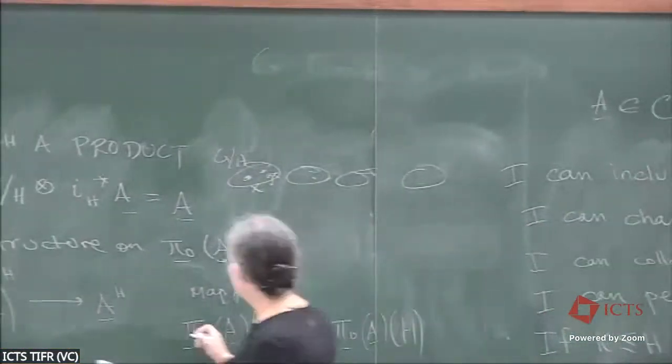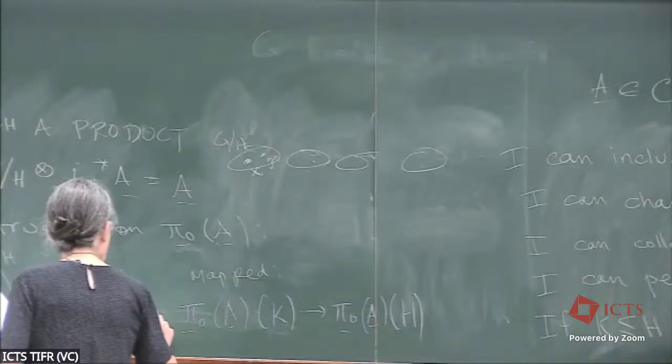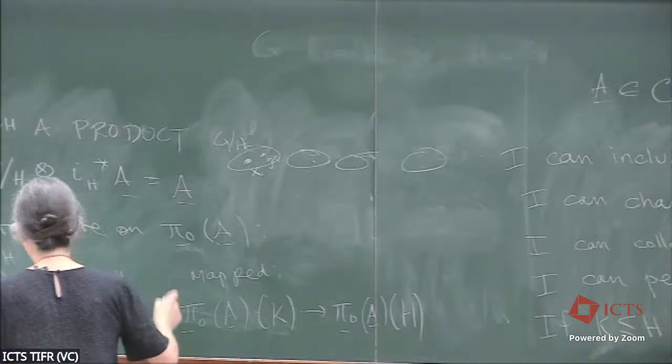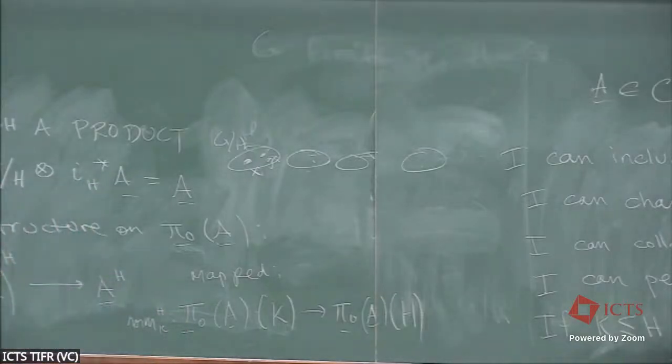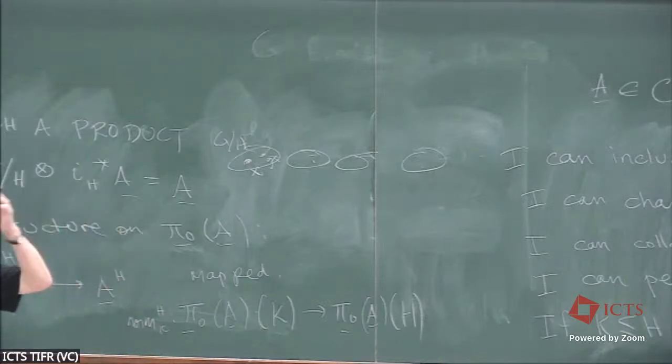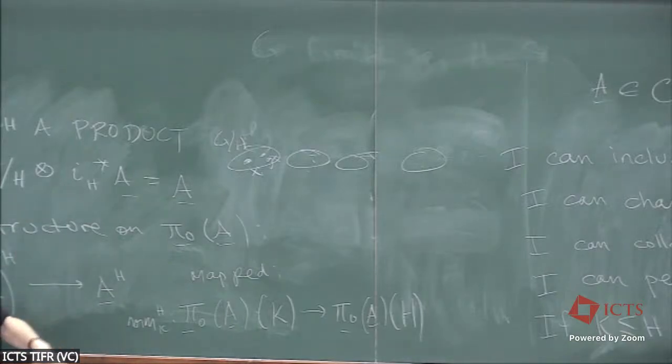And this is called norm, or some people just use a big N. It's important to distinguish it from the other one, but okay. So in addition to all the structures that pi 0 underline of A has, because A is a genuine G spectrum, and A is a commutative algebra in genuine G spectra, so you have all the Mackey stuff and you have this green stuff. You just got a new structure.